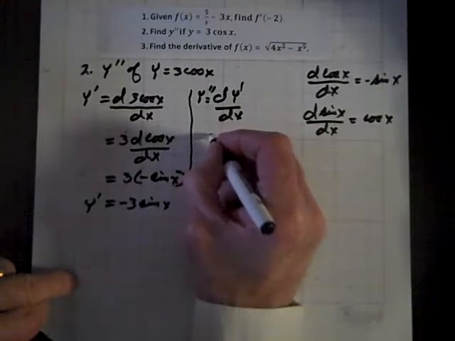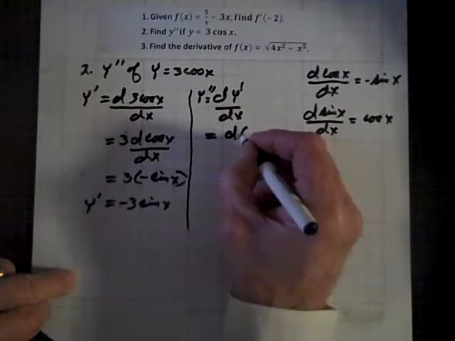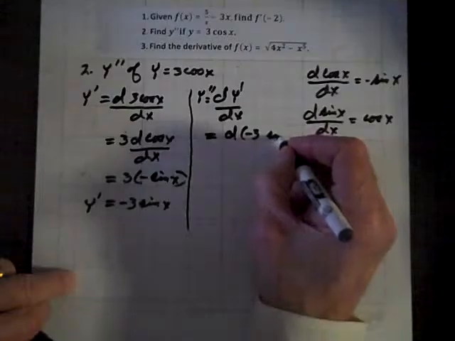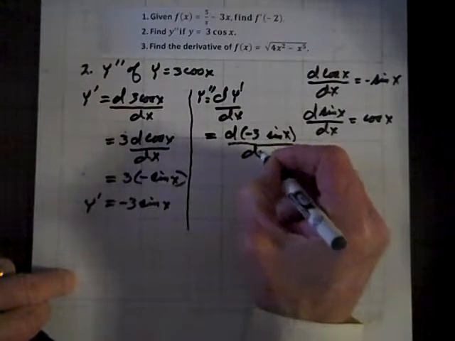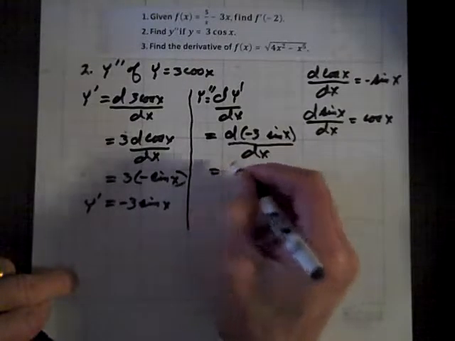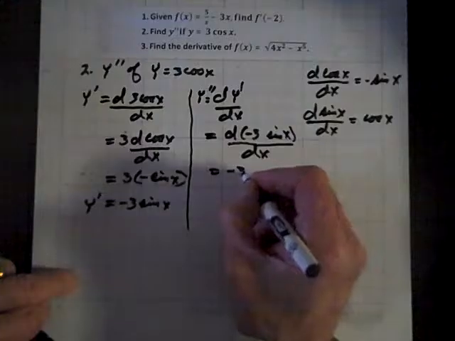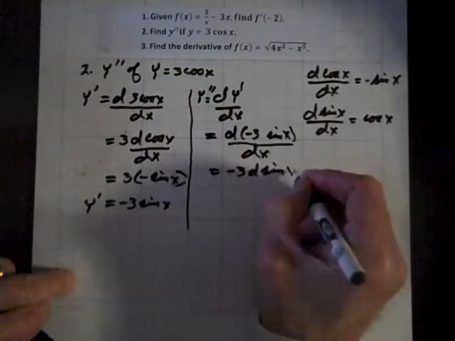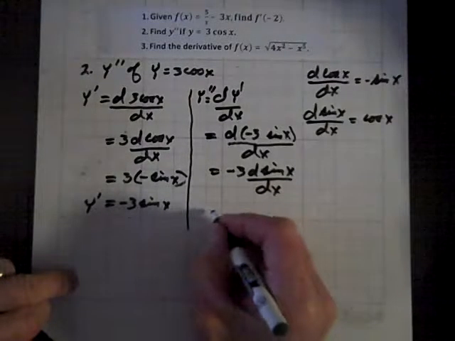That is, that equals the derivative of negative 3 sine of x with respect to x, which equals, and we can pull this negative 3 out in front, and we get negative 3 times the derivative of sine of x with respect to x.